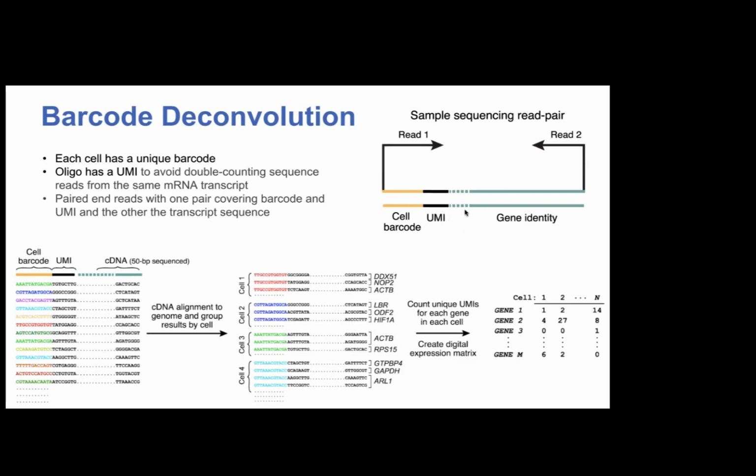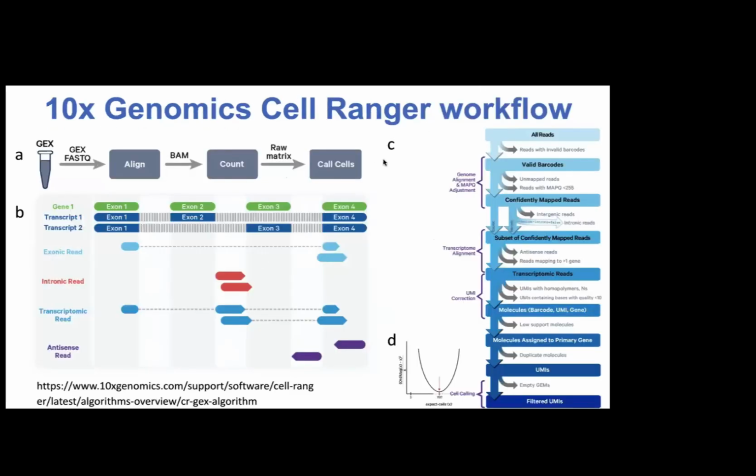I think the UMI is 10 base pairs and the barcode is 16 base pairs. But oftentimes people don't read the protocol and just sequence both to 100, so they waste a lot of money sequencing the left reads too deep, too long. Something to consider.